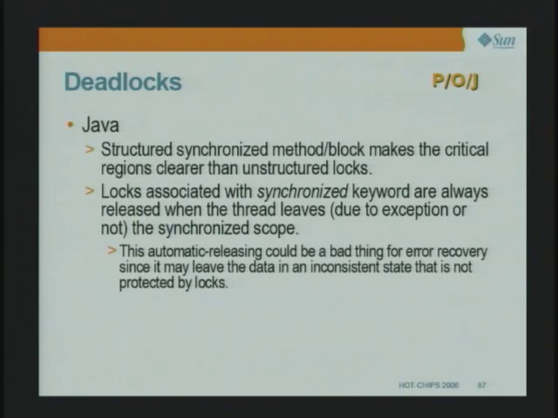They will do it automatically for you. This is a plus and a minus. The minus side is that if there is an exception when an error happens, the thread may leave the synchronized block, and you will have a state that's inconsistent but is not protected by locks.